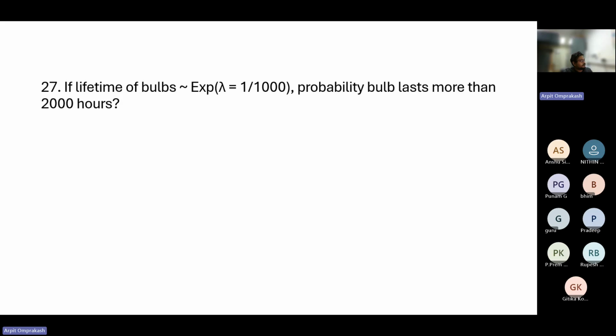Now 27, if the lifetime of bulbs is given as an exponential function with lambda equal to 1 by 1000, what is the probability that a bulb lasts for more than 2000 hours? We are given that lambda is equal to 1 by 1000. In the case of exponential distribution, we know that lambda is 1 by mu. And to find the probability that x is greater than a value x, it is given by e power minus lambda into x.